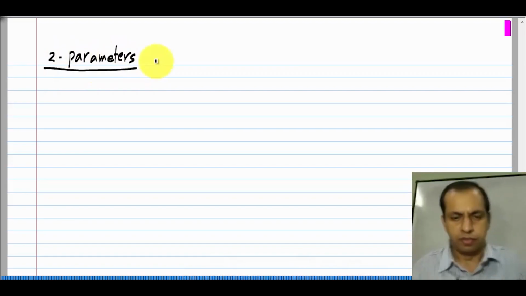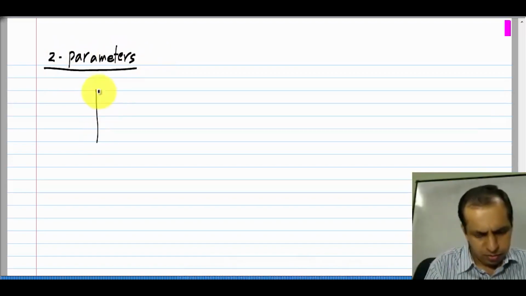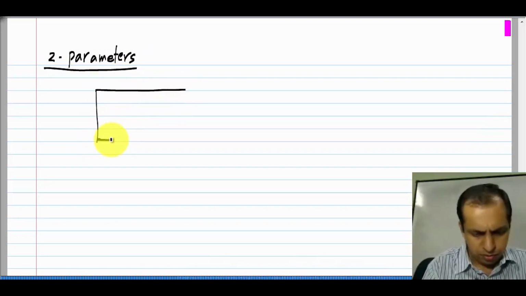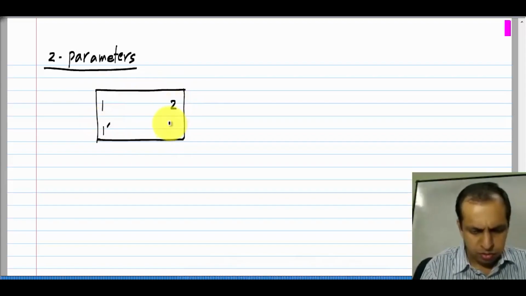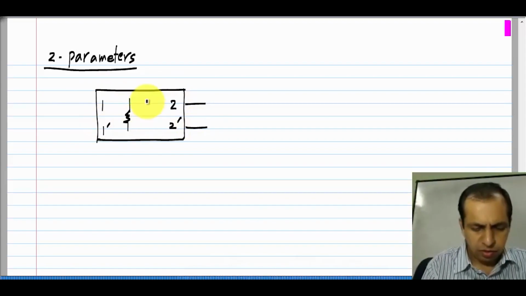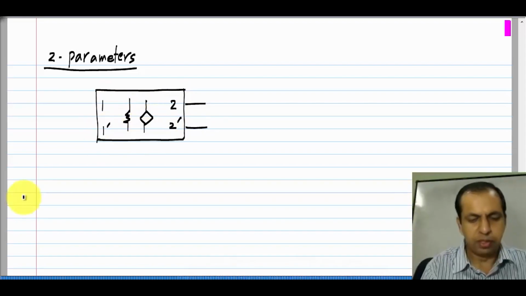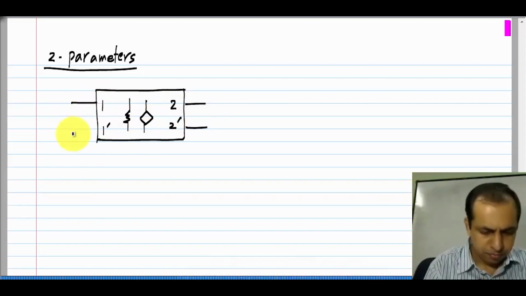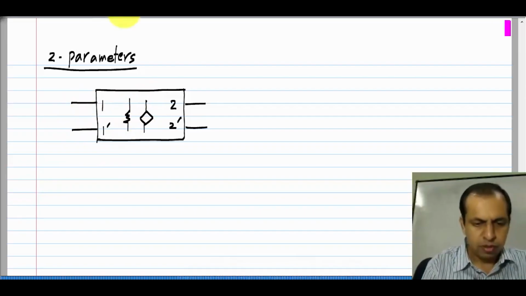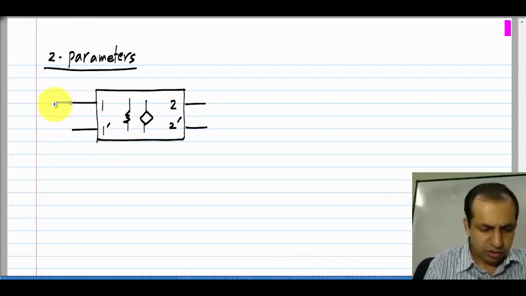And in case of Z parameters, let us say we have a two-port. Naturally, this can contain all linear elements, but no independent sources. So, we think of currents as independent variables.